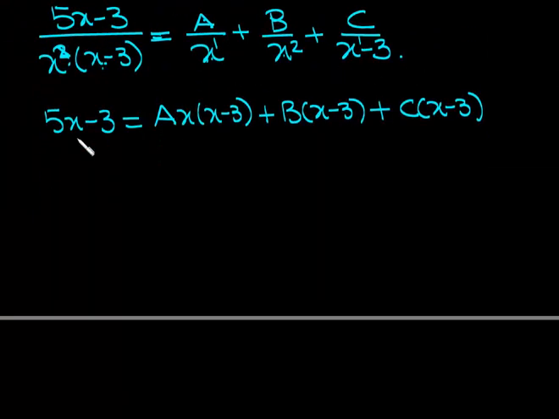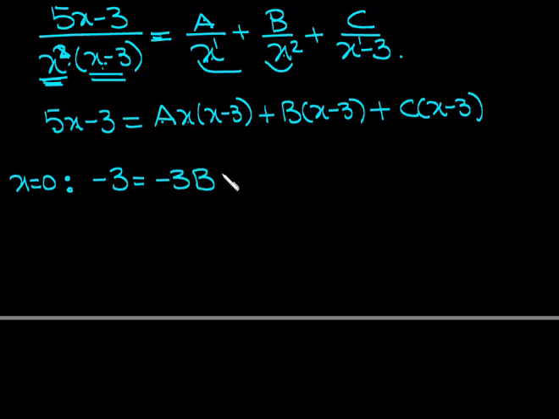I technically only have 2 factors. This happens to repeat. So let's set each one to 0. When will this be 0? When x is 0. So if you set x to 0, 5 times 0 is 0, minus 3 is negative 3. A times 0 is 0, so this term's gone. 0 minus 3 is negative 3, so you get minus 3B.